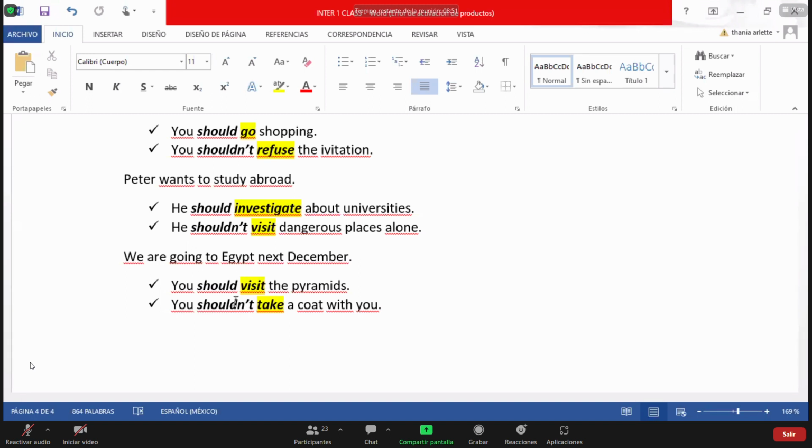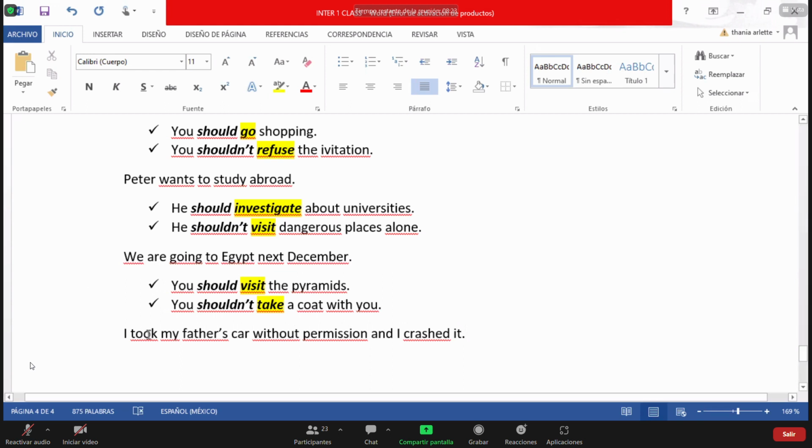Tell me ideas. This is going to be the first one. I took my father's car without permission and I crashed it. That is a real problem.